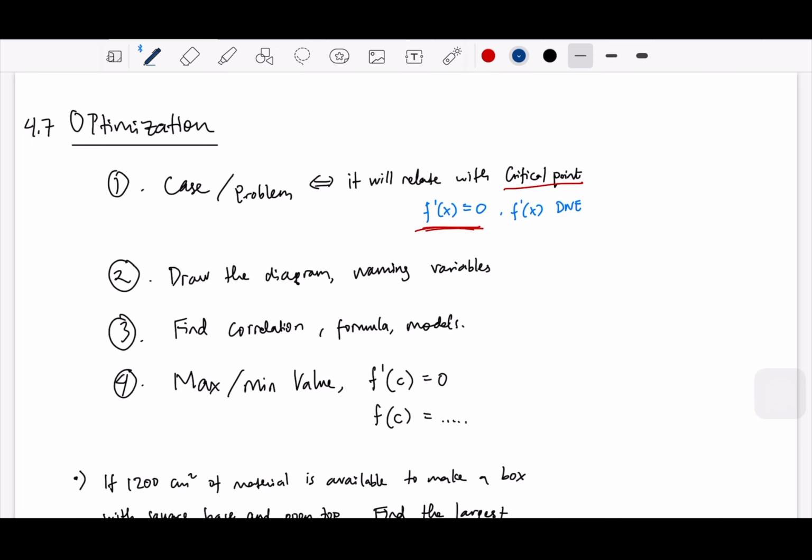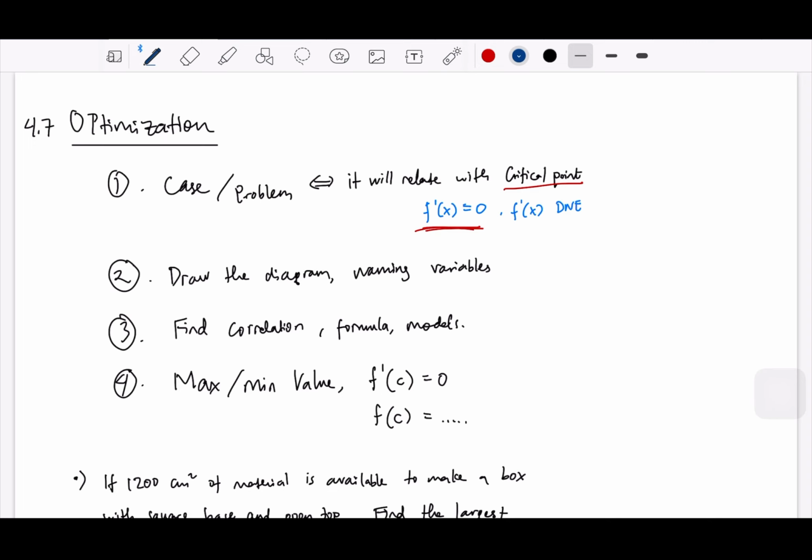Okay, and when we deal with maximizing and minimizing some value, either it's profit or any formulation that you can have, what we are doing is we will relate all those maximum and minimum problems with the critical point. So the critical point is an essential thing in our optimization, and what we are doing is we need to find this critical point.